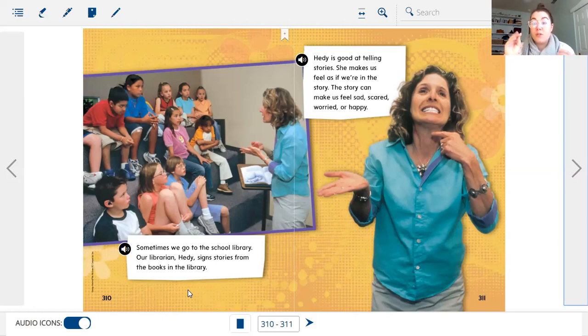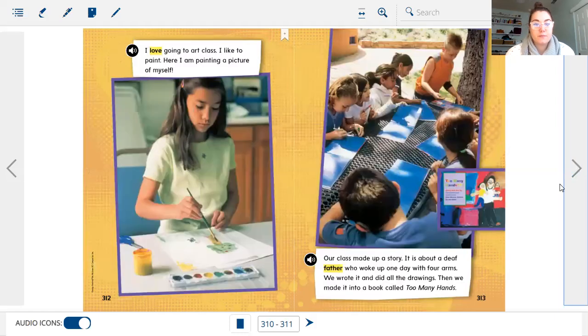What she does is she uses her hands to sign and communicate the story to the children. So she's able to make them feel as if they're in the story. So she really tries to use her facial expressions and use her hands more vigorously to express something, or maybe a little softer to express something. All right, flip the page.